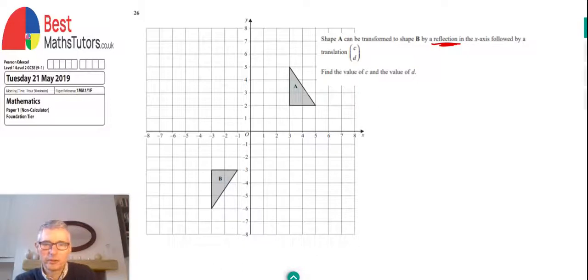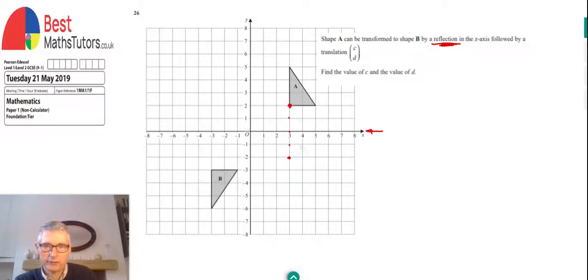So we're taking shape A and reflecting it in the x-axis. To do that, we can take any point on this shape A, and the x-axis is the horizontal axis here, and whatever distance it is to the horizontal axis, so we've got crossing 2 squares there, then we need to cross another 2. So that's going to go to there.